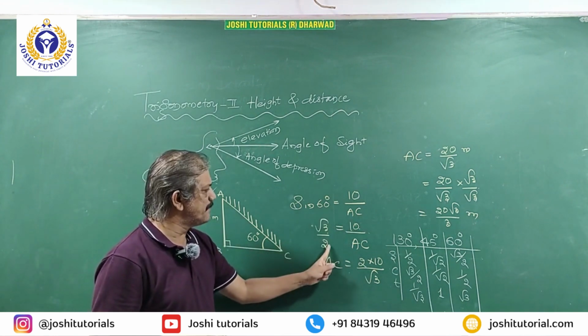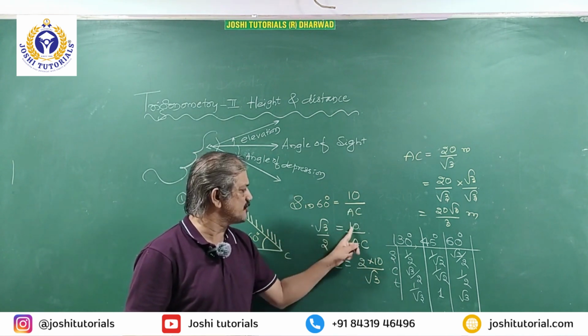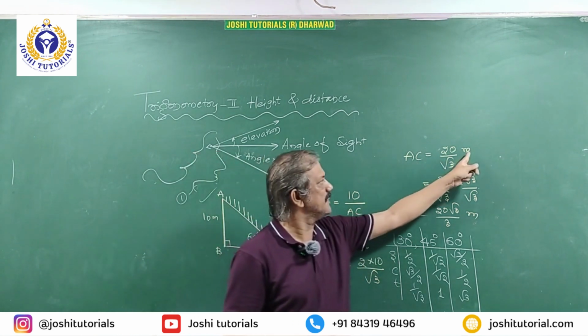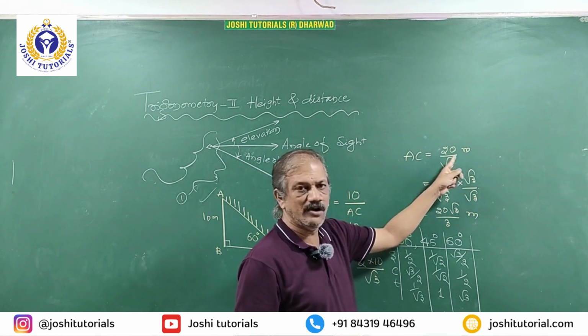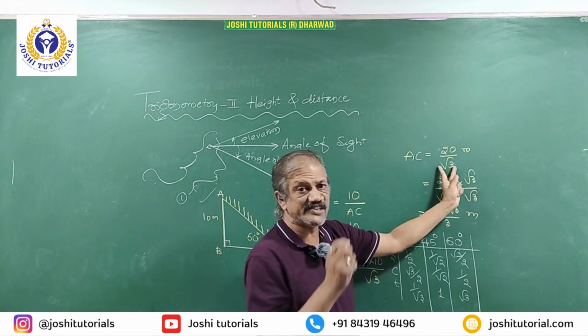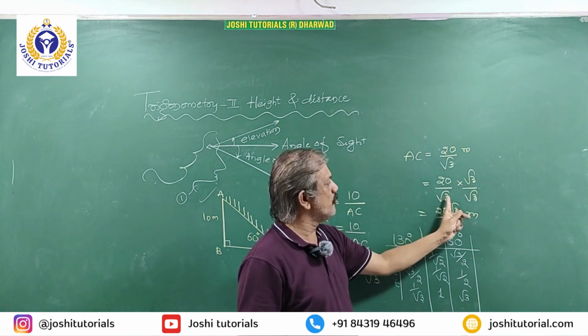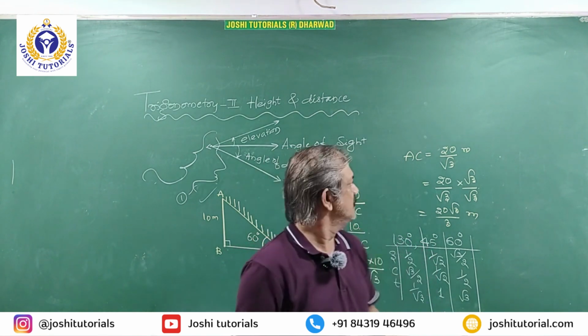Sine 60 is root 3 by 2, equals 10 divided by AC. Cross multiplication, AC is 20 divided by root 3 meter. Suppose the denominator is having a surd, radical, monomial. You can go for RD, rationalizing the denominator.